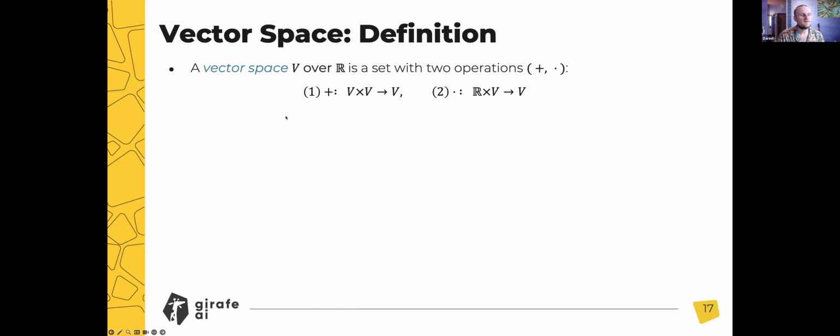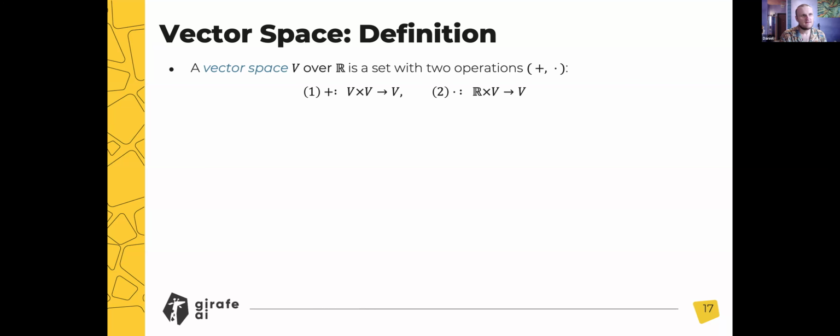The first operation we call vector addition, summing vectors, right? What does it do? It takes a pair of vectors, two vectors, and outputs a third vector, like with numbers. To add two numbers, you take the first number, you take the second number, you add them together, and as a result, you get a third number.